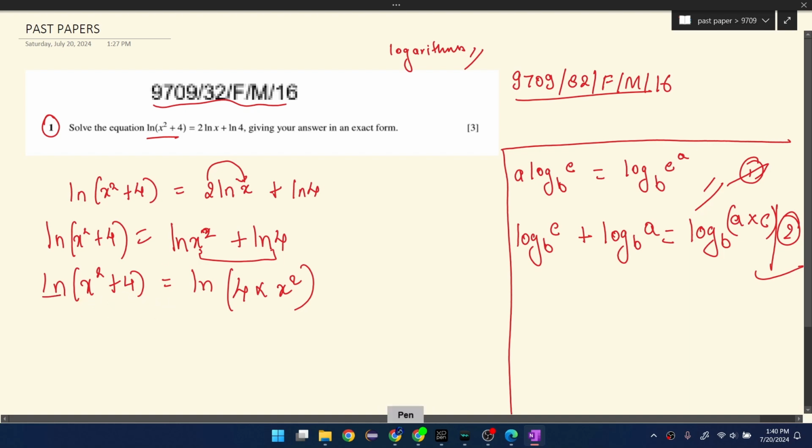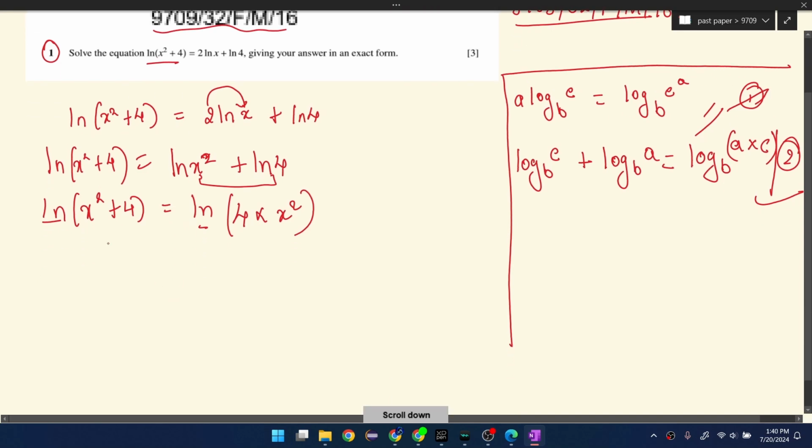We have ln on both sides. So actually ln can be cancelled and we can just do it in a straightforward way as well. But let's go the long way just so that we can understand what's going on. So let's suppose we take both sides to the power e.